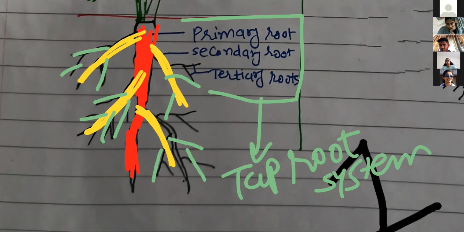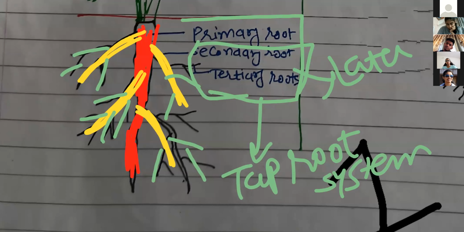Secondary and tertiary are the lateral branches, and the main one is the primary. All of you understood this? Primary root, taproot system, how the taproot system forms.